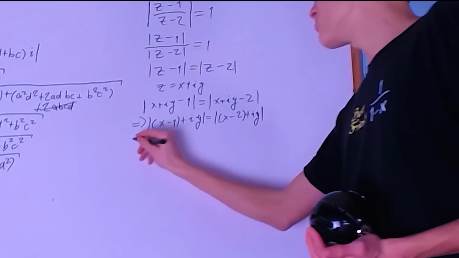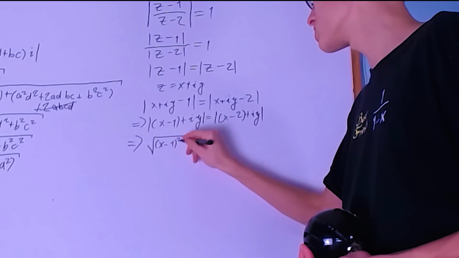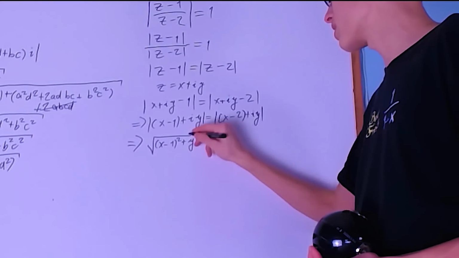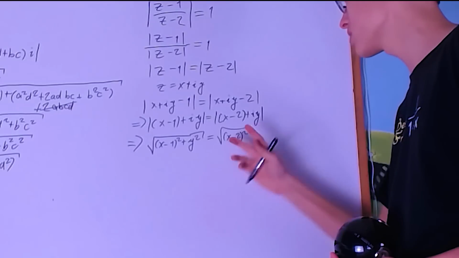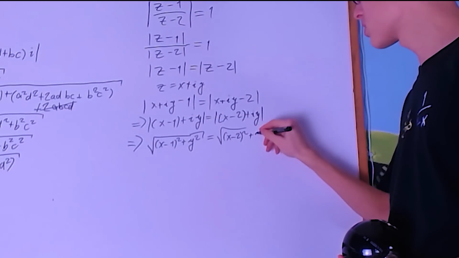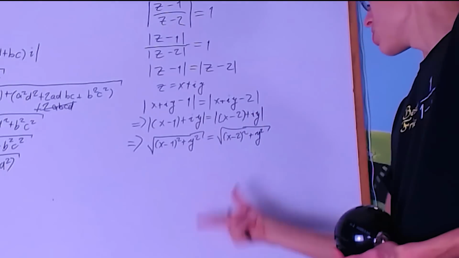Now using the definition of magnitudes, we get the square root of x minus 1 squared plus y squared equals the square root of quantity x minus 2 squared, the real component, plus y squared, the imaginary component.